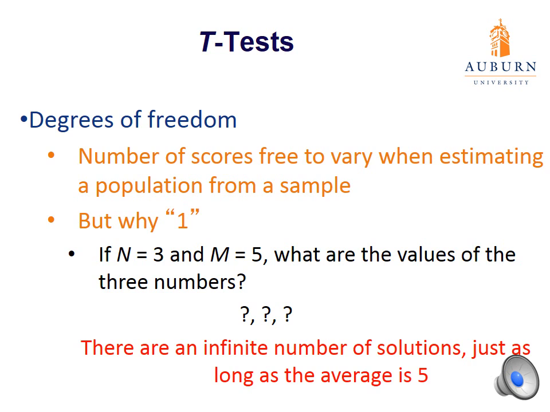We could also use the numbers of 1,212, -100, and -1,097, and that would still meet our criteria. The average of those 3 numbers is again 5. And so there's an infinite number of solutions to this particular problem. Just as long as the average is 5, we can have any 3 numbers that exist. And so there's no shortage of solutions.